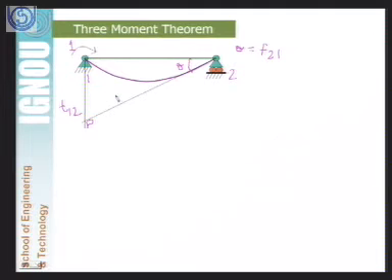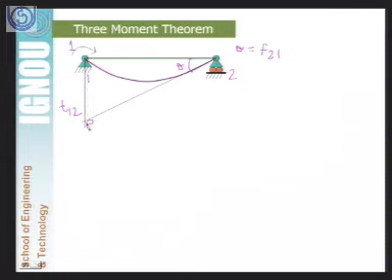In the moment area theorem, we have already studied that the tangential deviation of point 1 from point 2 will be equal to the static moment taken about 1 of the M by EI diagram drawn for this structure. So this is the theorem we will use to find the value of T12.